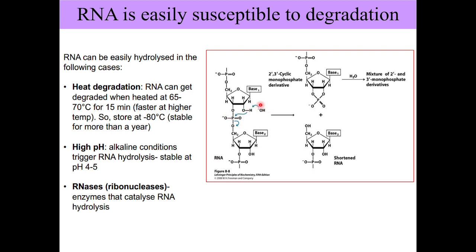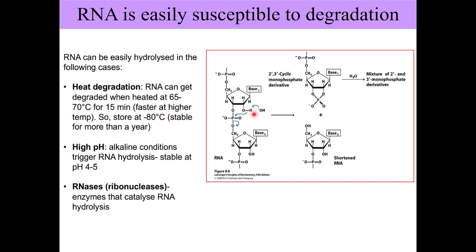So what happens? Let's say there is some higher pH, so alkaline condition. There is OH in excess under alkaline condition. So there is a nucleophilic attack on this 2' OH, because of which there is a cyclic derivative form. This is called the 2',3' cyclic monophosphate derivative.